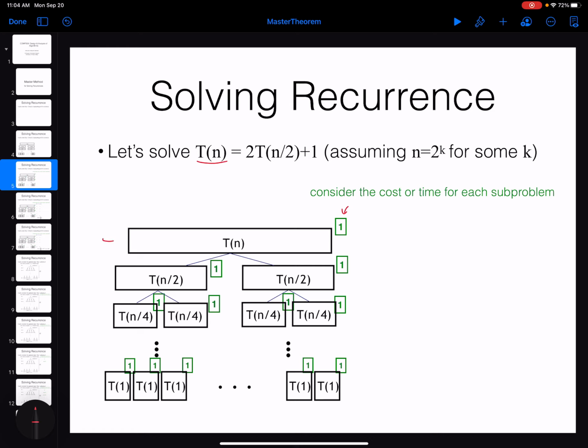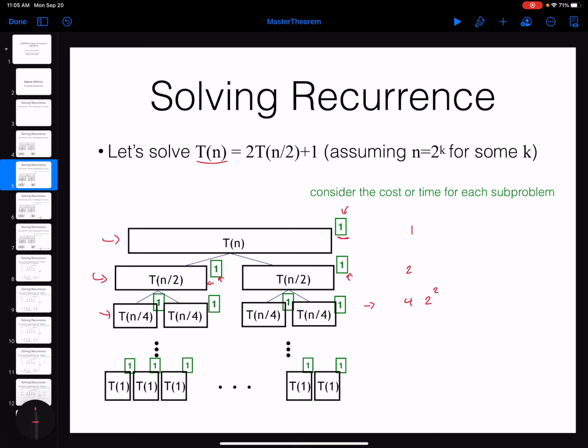So in the first level, the only cost that we have is 1. In the second level, you are going to have 2 boxes. For each one, you are going to have the cost 1. So here the cost is 1, here the cost is going to be 2, here the cost is going to be 4 boxes, or we can write it as 2 power 2.